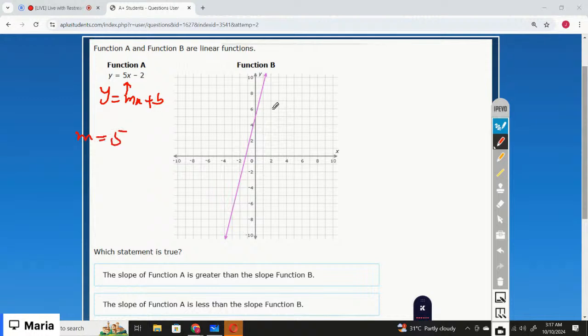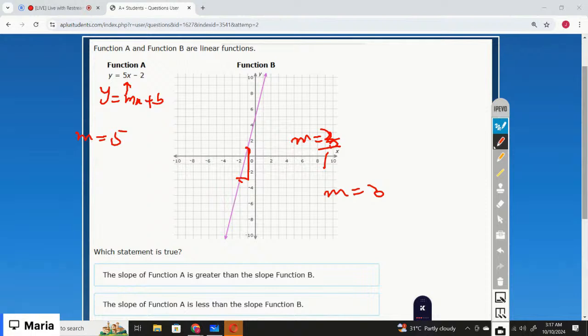Now let's just calculate the slope of function B. That is m equals 2 over 1, 3 over 1, right? So the slope of function B is 3. So which statement is the correct one? The correct statement is the slope of function A is greater than the slope of function B. Got it?